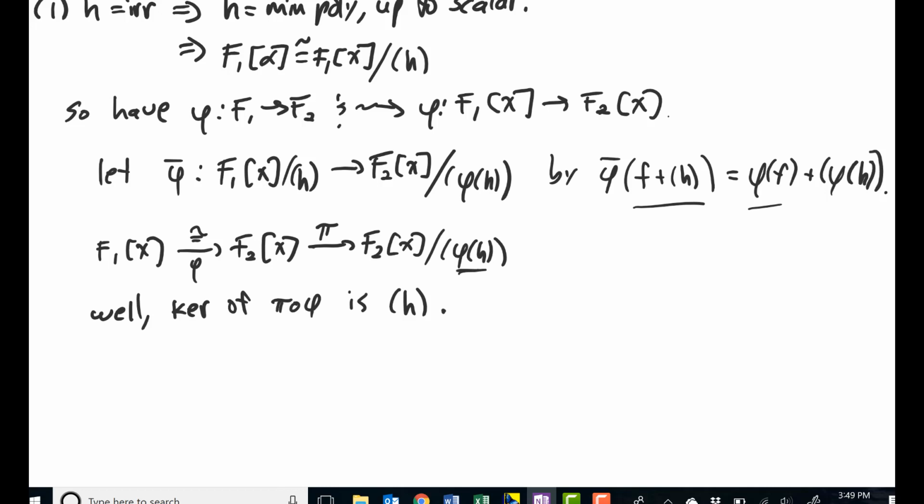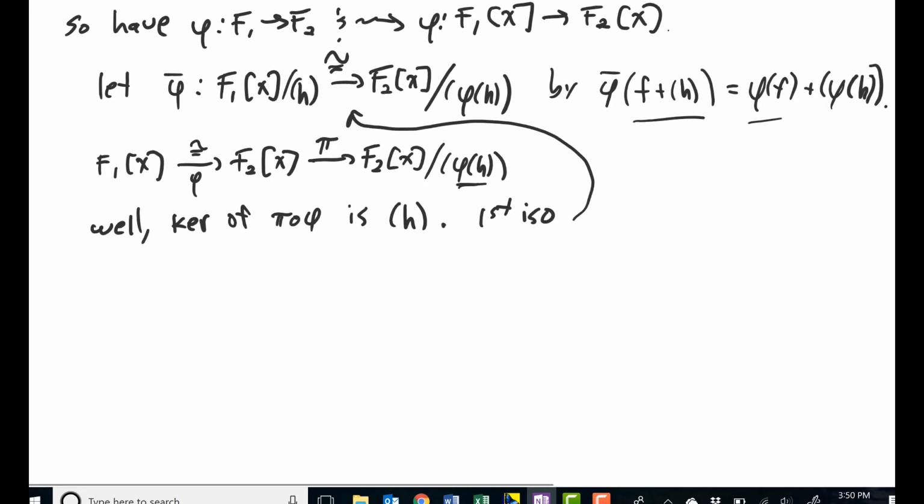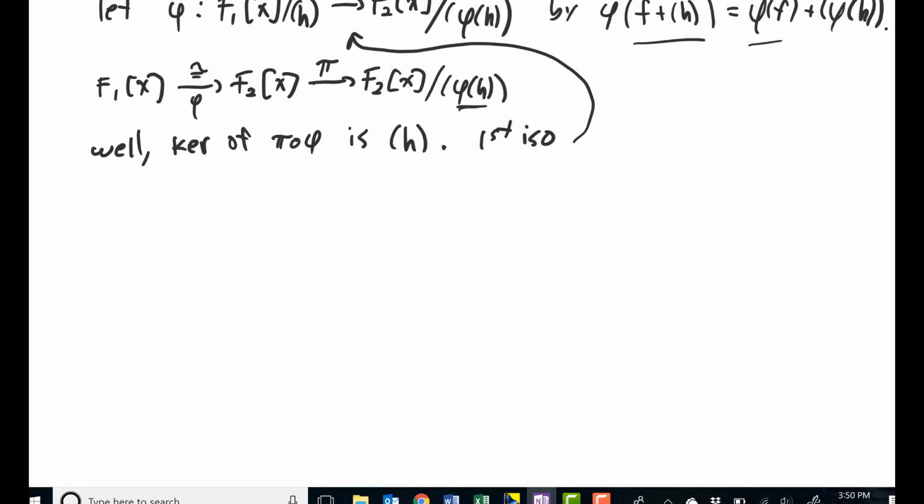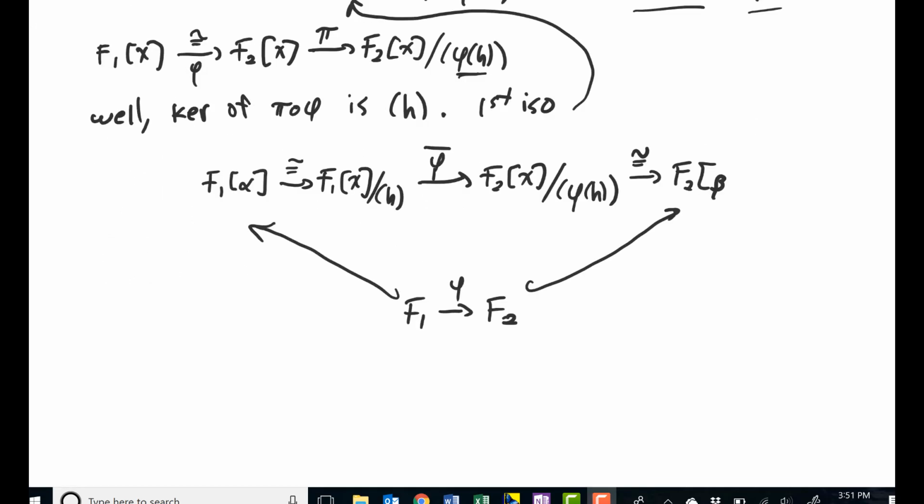And then the first isomorphism theorem tells us, therefore, that this map is an isomorphism, because I just modded out by the kernel. And this map phi bar is just the induced map, if you look at how we defined everything. So that's that. This phi bar is actually an isomorphism. And of course, this will finish the argument.